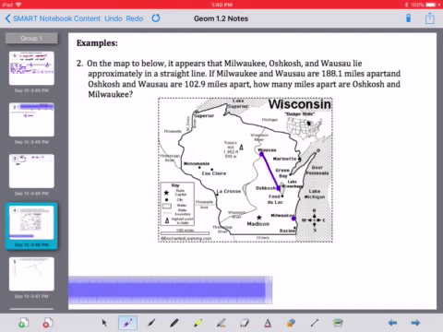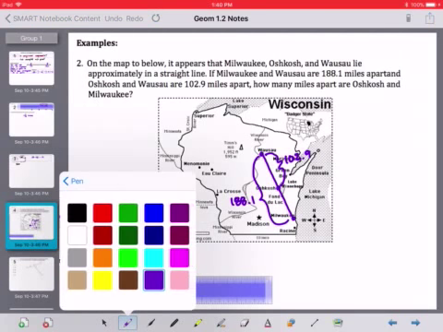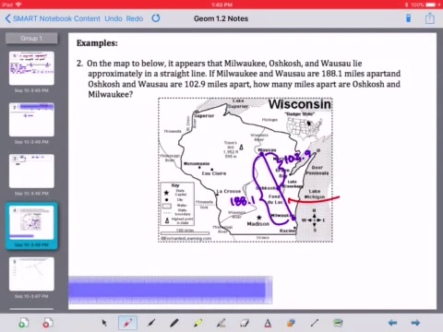If Milwaukee and Wausau are 188.1 miles apart, and Oshkosh and Wausau are 102.9 miles apart, how many miles apart are Oshkosh and Milwaukee? So we are trying to find this distance.